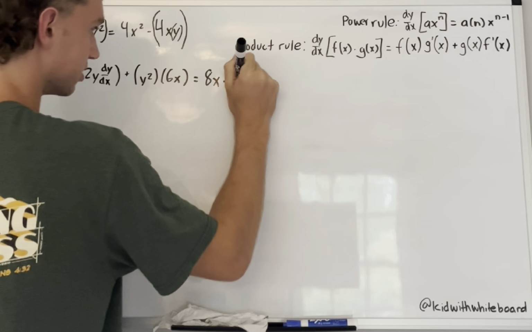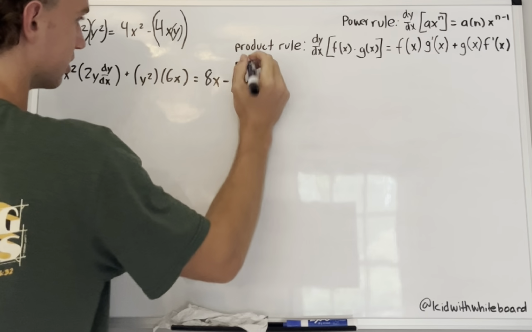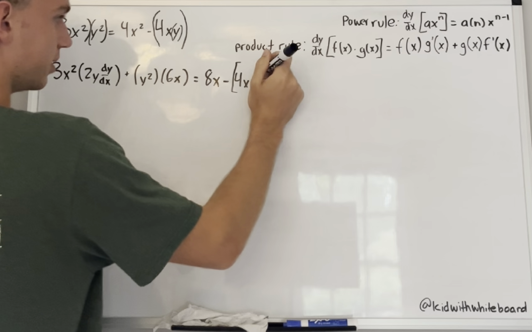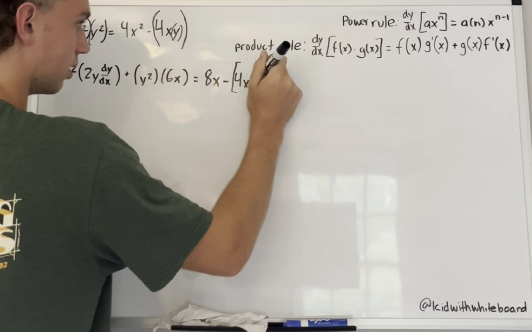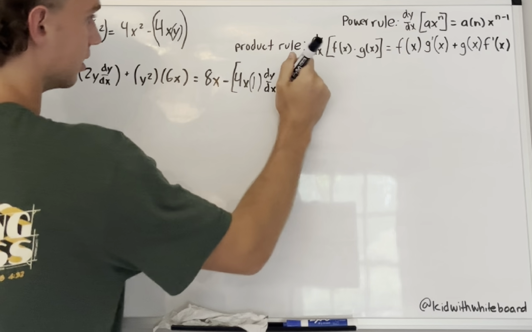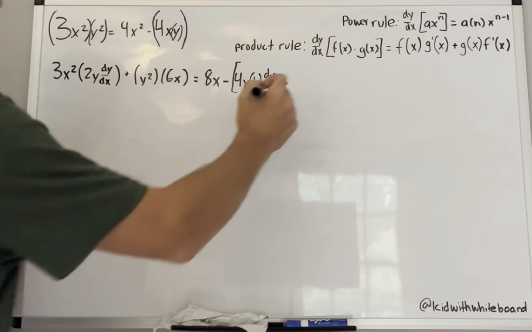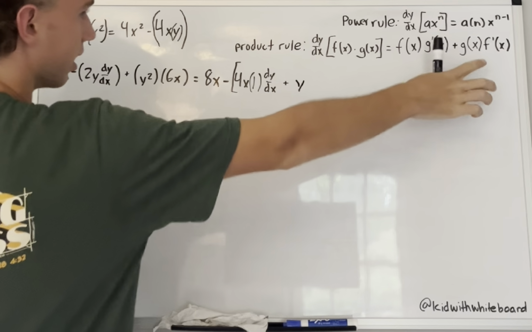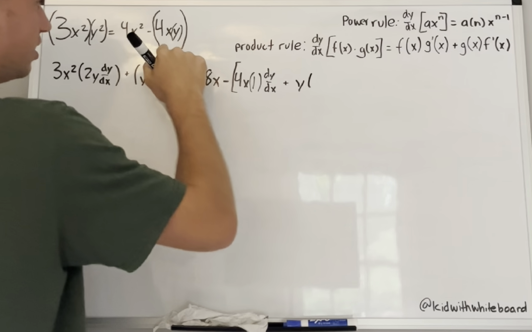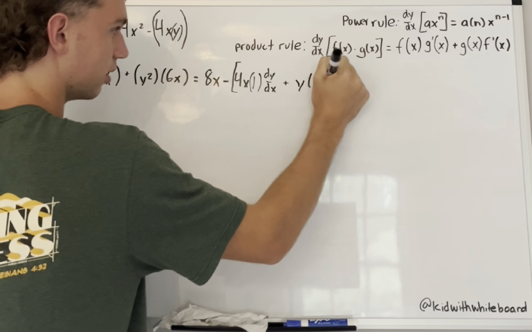So f of x is 4x, put this in brackets, 4x times the derivative of y is just 1, and then you got to add the dy over dx, and then add that to the y, the g of x times the derivative of 4x, which will just be 4.